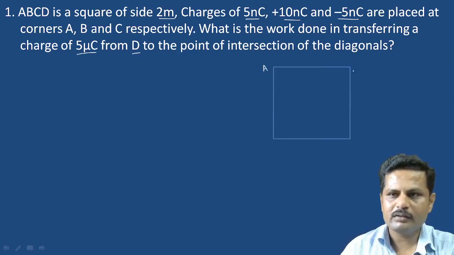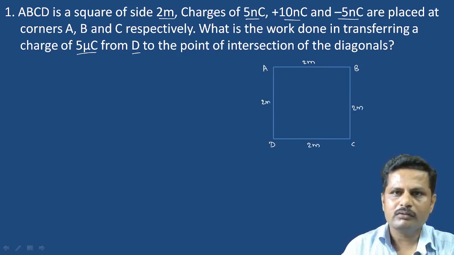This is ABCD of side 2 meter, that is 2 meter, 2 meter. So the charges: let me consider there are 3 charges.